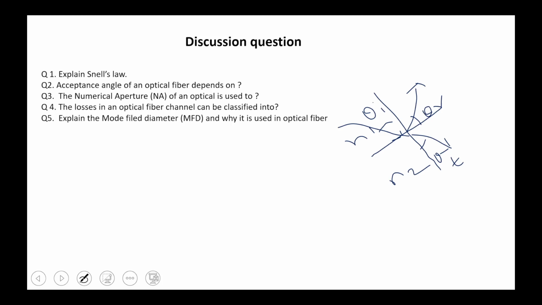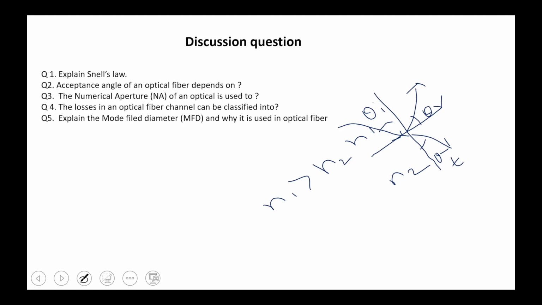Why does the core have a higher refractive index than the cladding? So that the light will propagate inside the fiber. TIR will be achieved when N1 is greater than N2 and theta I is greater than the critical angle. Only then will the light signal propagate throughout the core of the fiber.